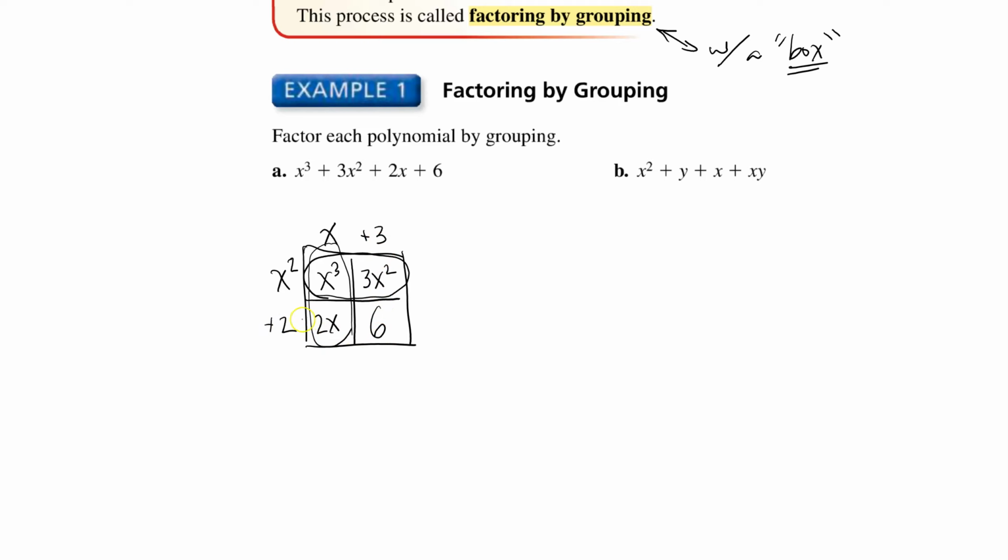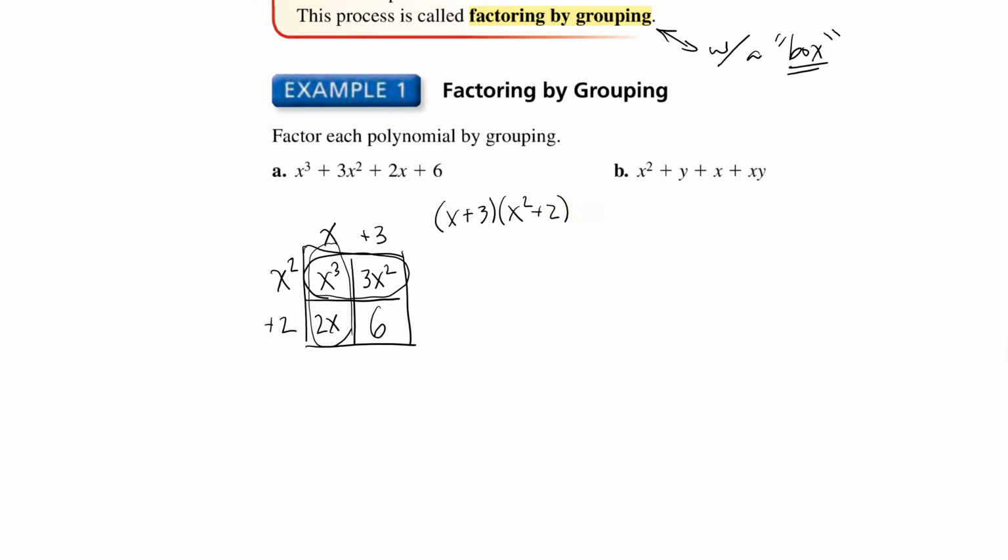And just to check, 2 times x is 2x, x squared times x is x cubed, x squared times 3 is 3x squared, and then 3 times 2 is 6. And so our factors are x plus 3 times x squared plus 2.